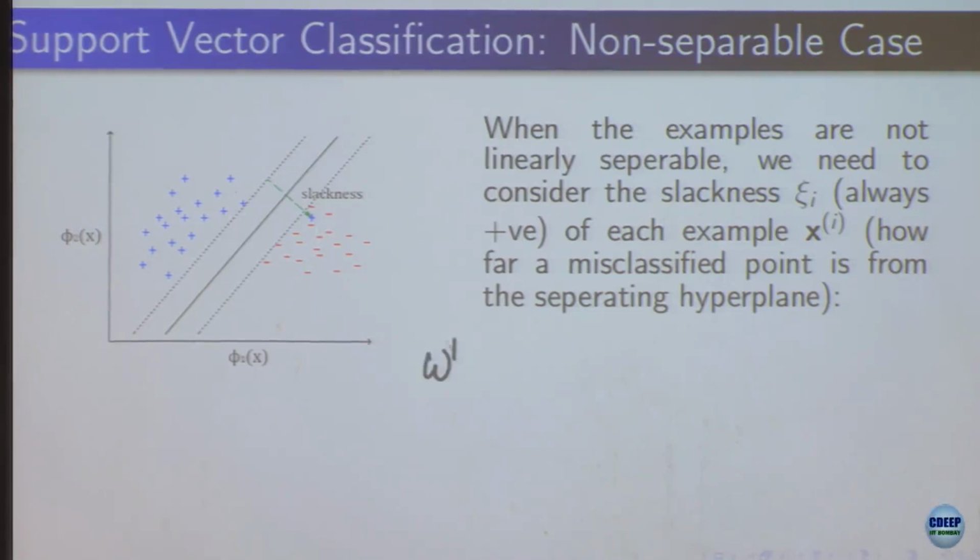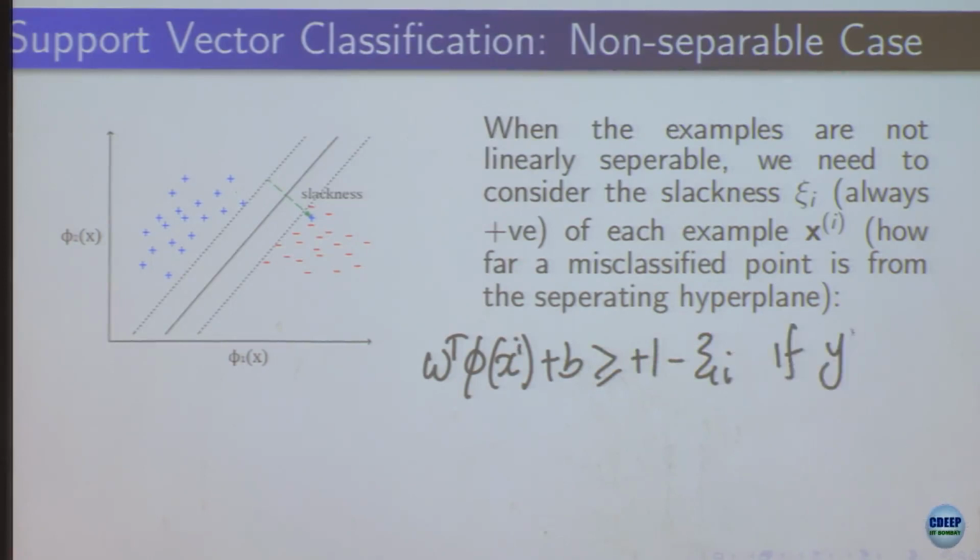is, okay, W transpose phi x plus b is greater than or equal to plus 1 minus xi. So let us say xi is the point, minus xi if yi equals plus 1.